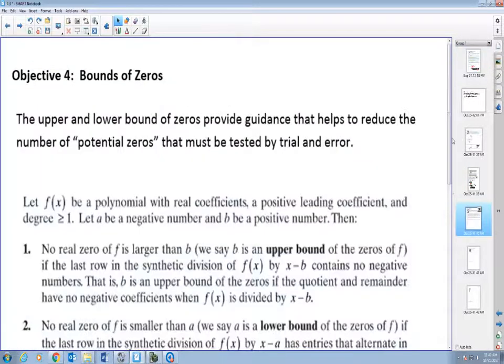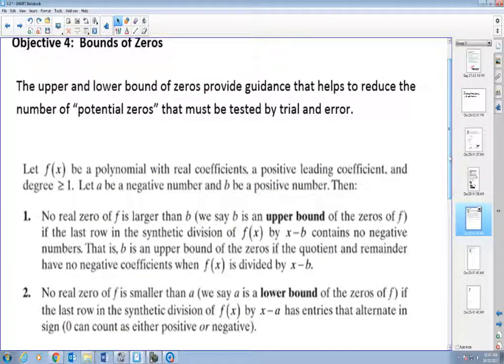Same idea, okay? It gives us a guide on which of those rational zeros I would need to test, because there can be a lot of numbers we have to test.